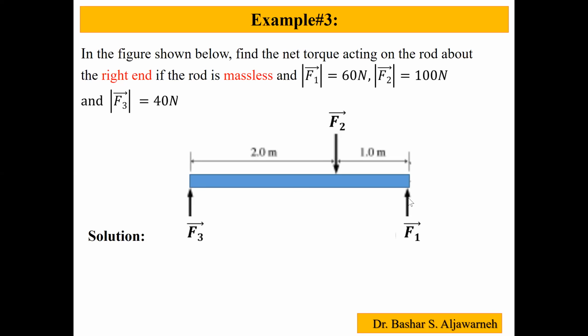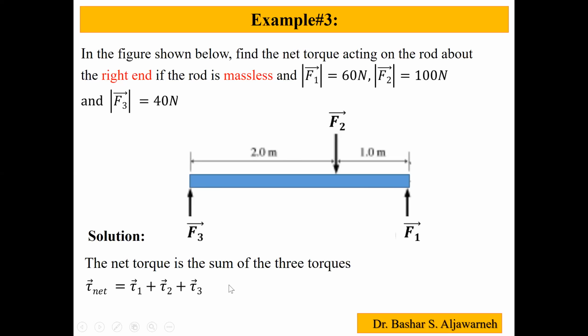So our pivot will be at this point. Second step, the torque at this point is coming from torque due to F1 plus torque due to F2 plus torque due to F3, as you can see in this formula.